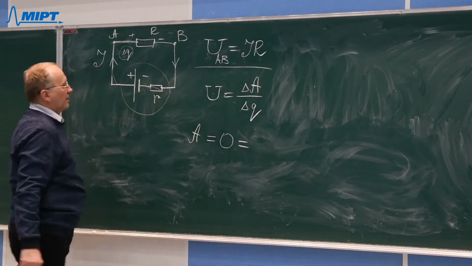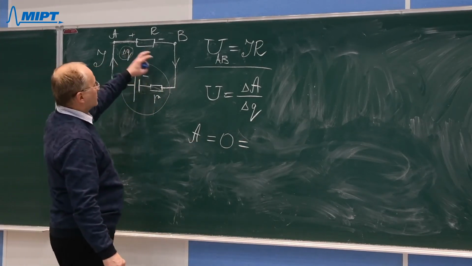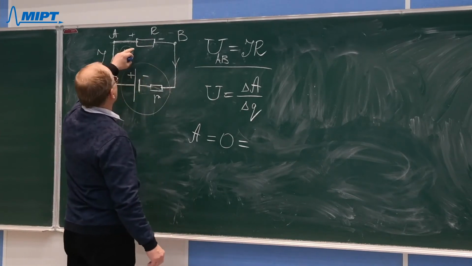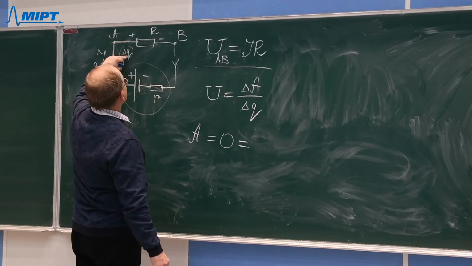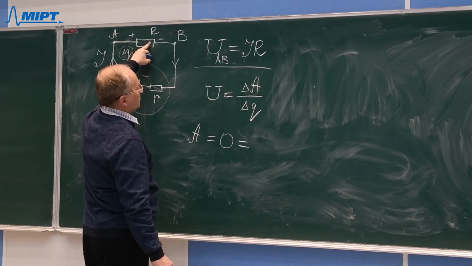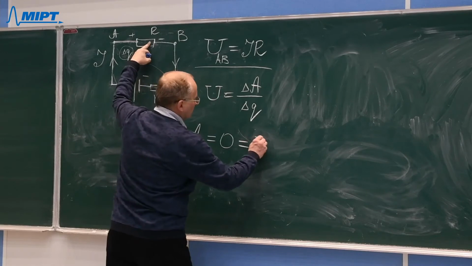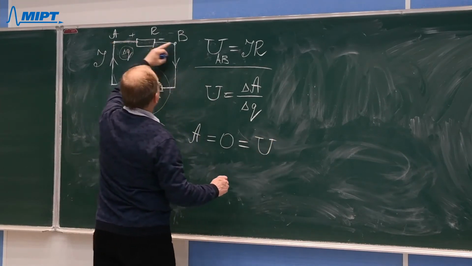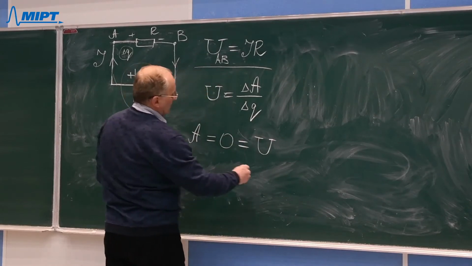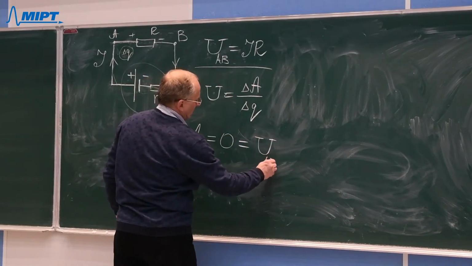But we can use our knowledge about the work produced on each separate element of this scheme. So when that small charge goes through the resistor R, what work will be produced? The potential difference on the resistor R, that is the potential difference between points A and B, which is here.